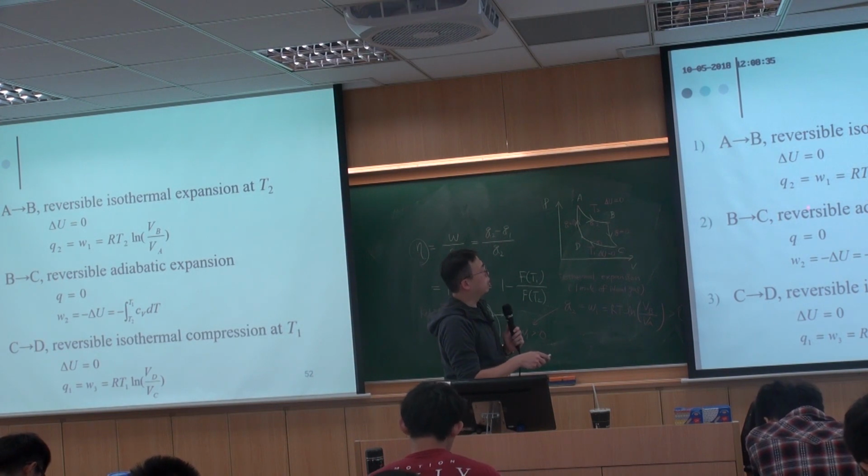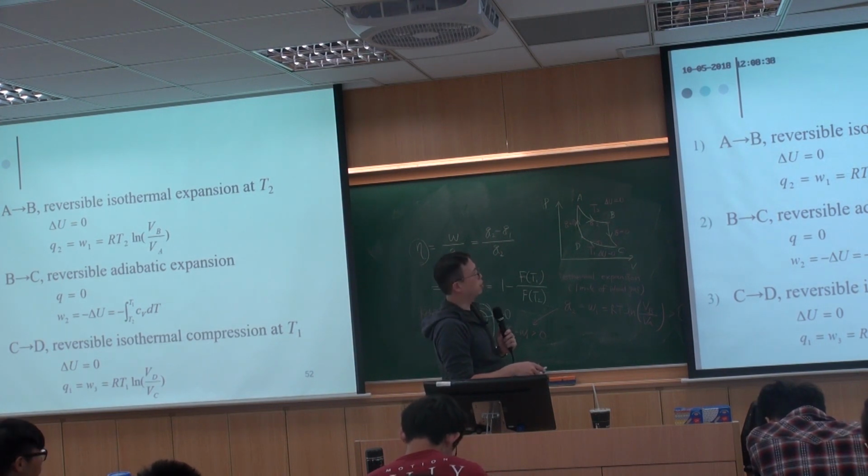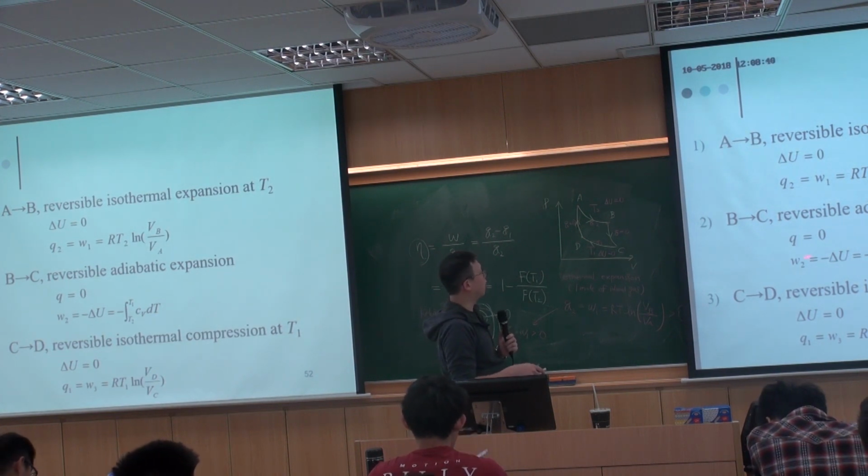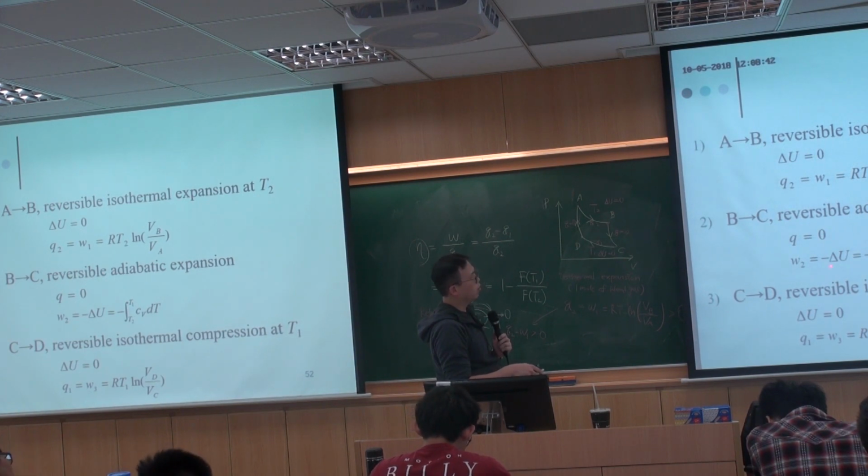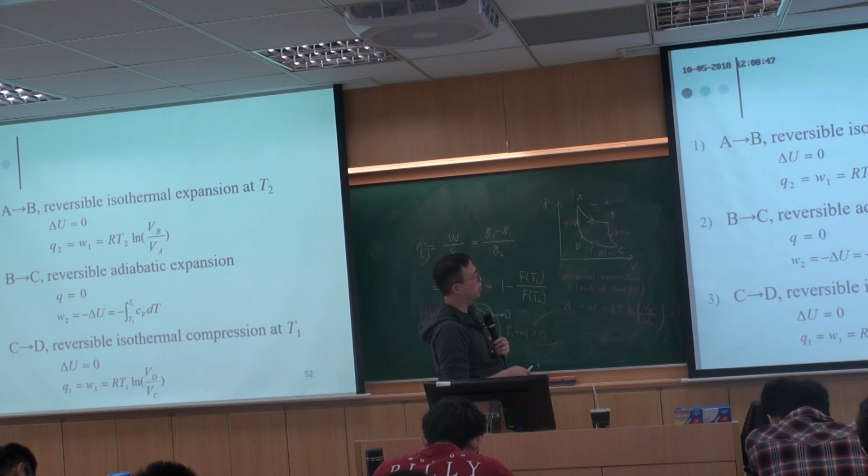From B to C, it's a reversible adiabatic process, and it's also an expansion. Q is 0. Therefore, the work W2, for the process from B to C, is the minus of the change of the internal energy.